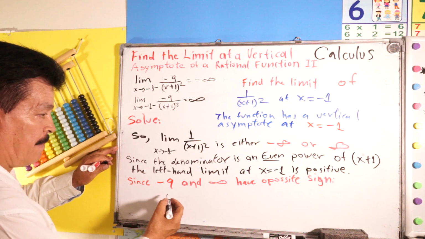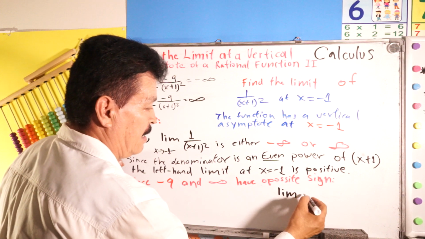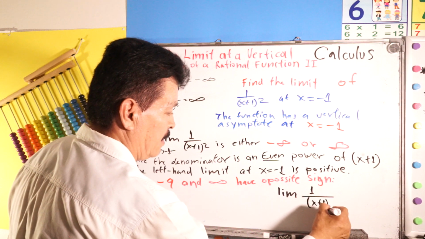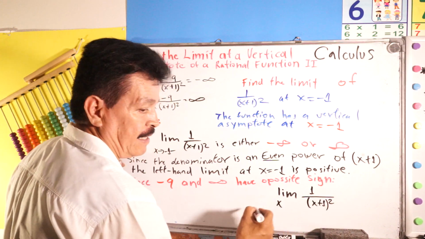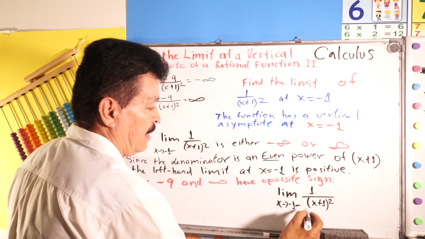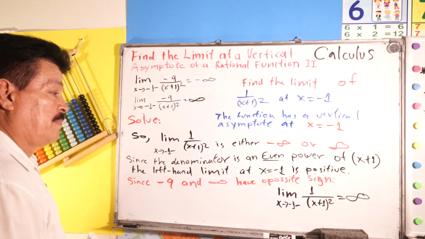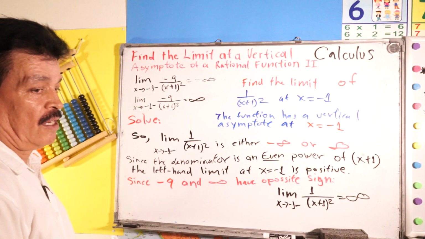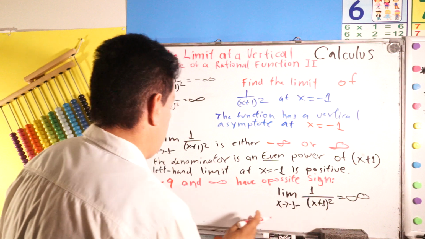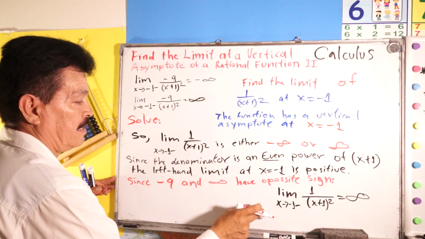We have here the limit of 1 divided by x plus 1 to the second power when x approaches negative 1 from the left hand. This equals positive infinity. So our conclusion here, that's very important, in this case this is the answer here.